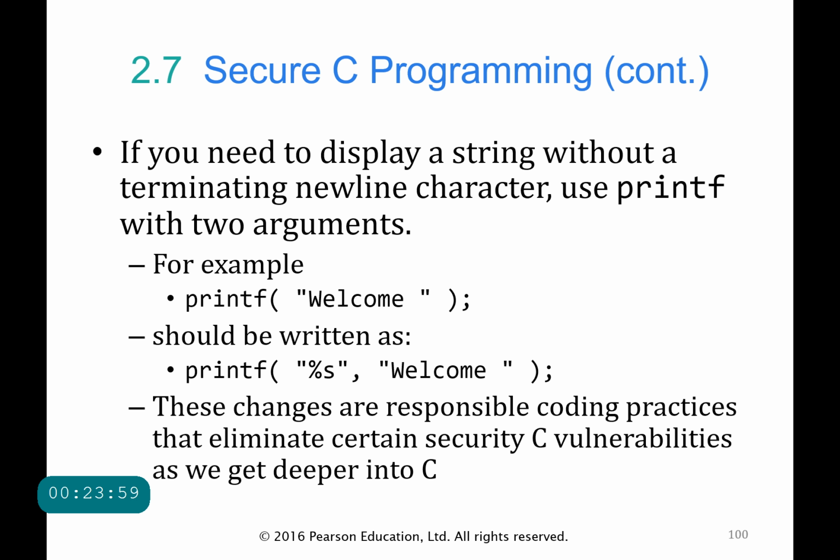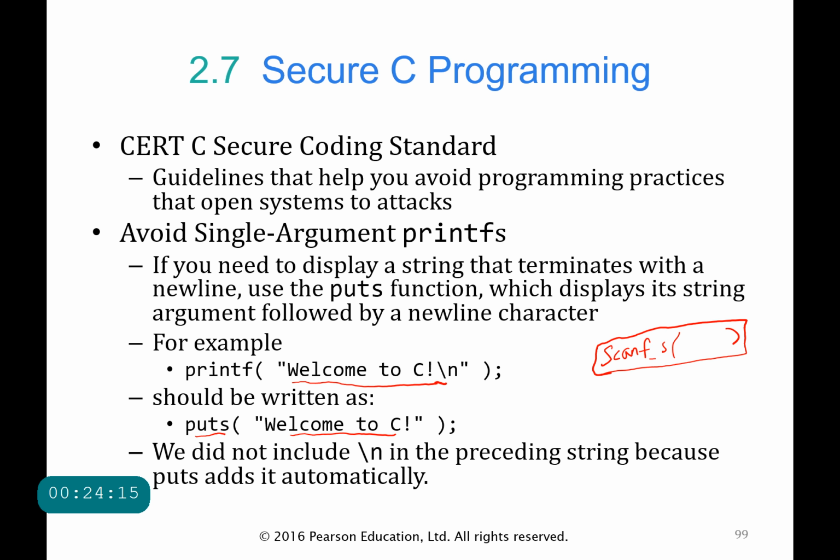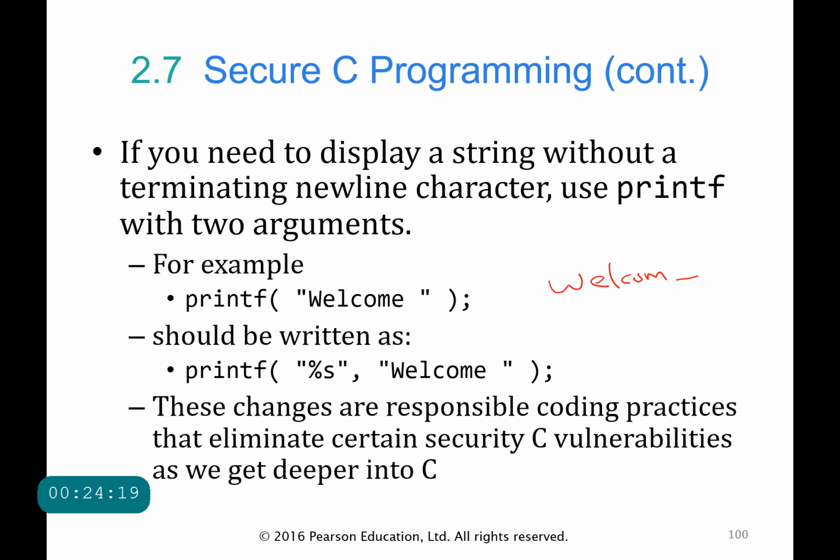So if you want to write just the word welcome, or just this string on screen, and then you want the cursor to stay on the same line, then generally they recommend using something like this. So instead of using the printf function in the most conventional way, they generally recommend using this: printf("%s", "welcome").